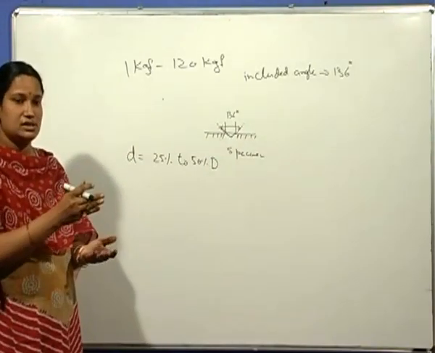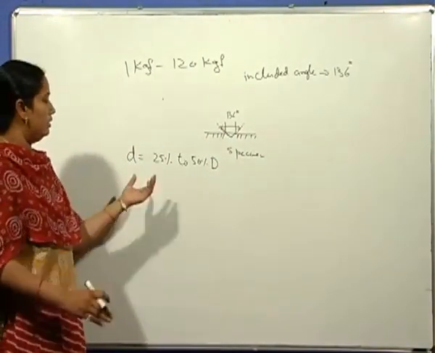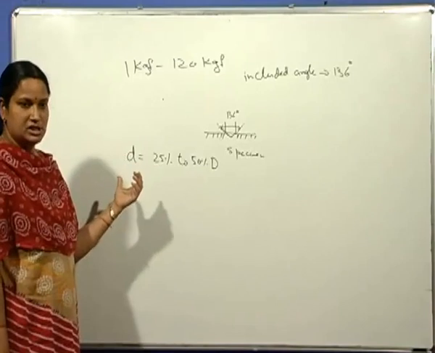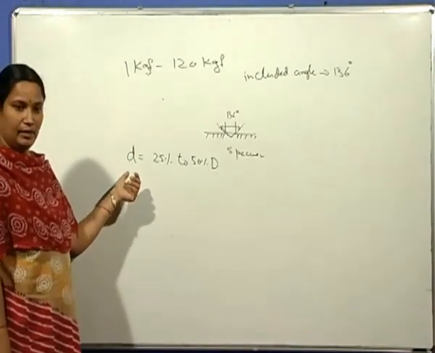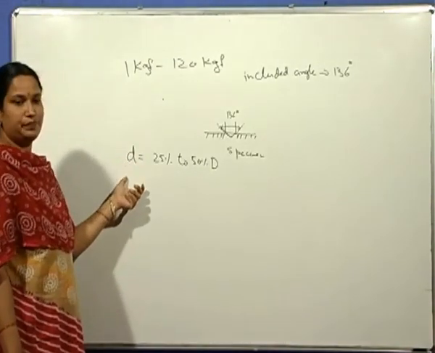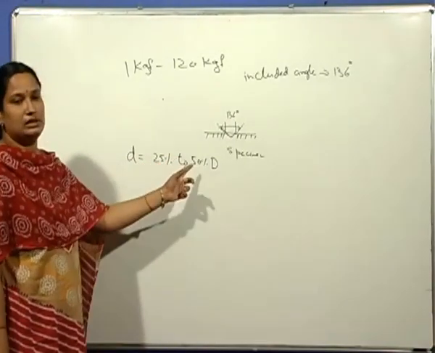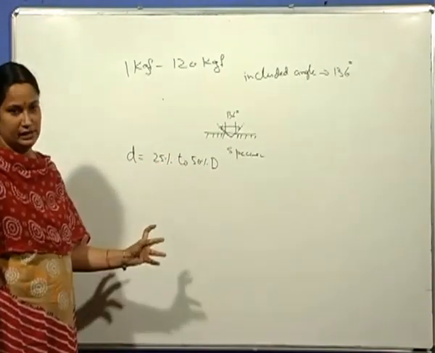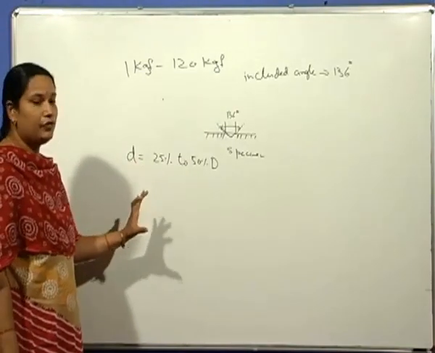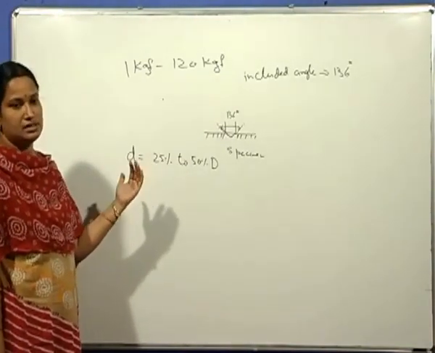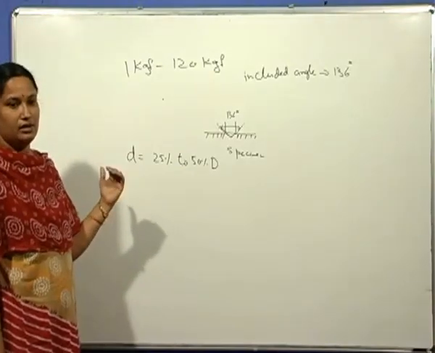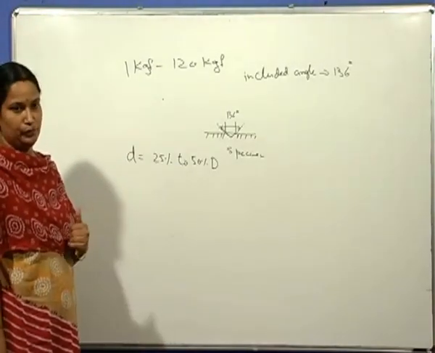So the loads that are applied should be such that d, the diameter of indentation, is about 25% to 50% of the diameter D of the indenter. Within this range, Brinell hardness values are independent of the load.